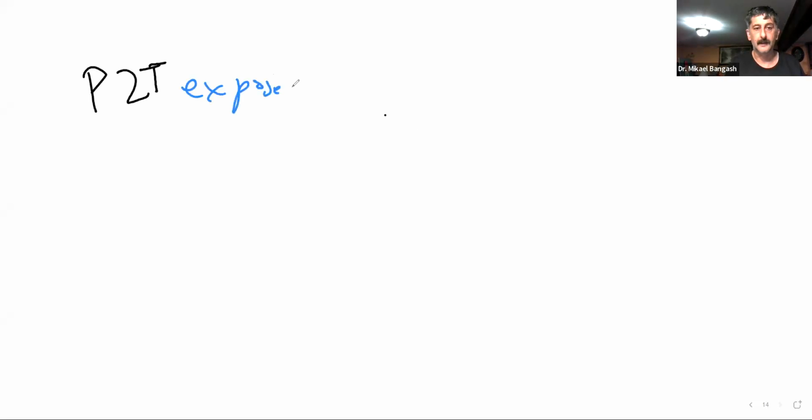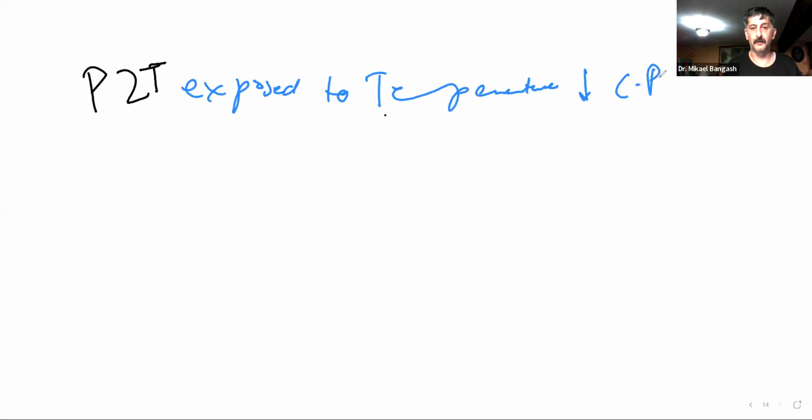Good. So what can happen, ladies? If you have a piezoelectrical material exposed to a temperature which is below the Curie point or Curie temperature, say blue is cold, then there will be no piezoelectrical effect.